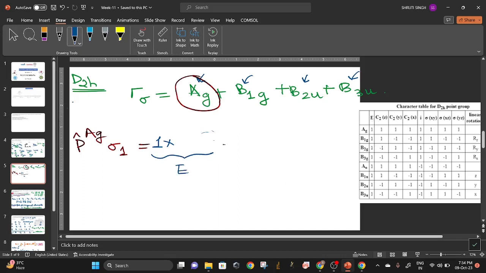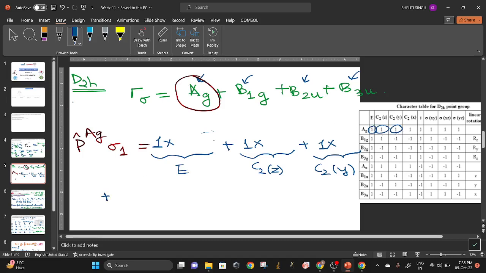Let me write it like this, then it will be easy. The second term will come due to the symmetry operation C2z, plus 1 into... why am I multiplying by 1 every time? I am multiplying these characters.